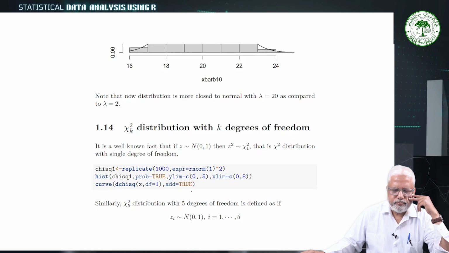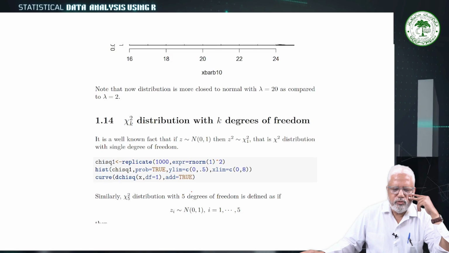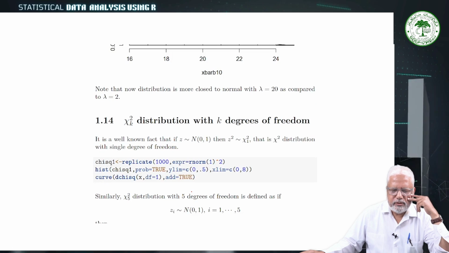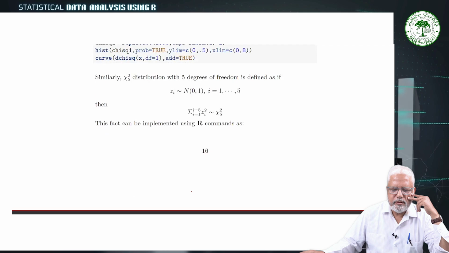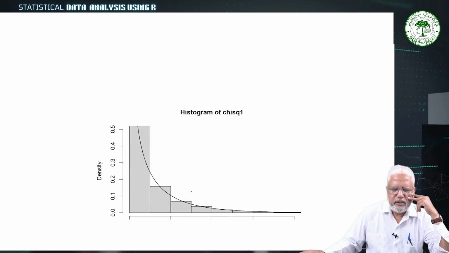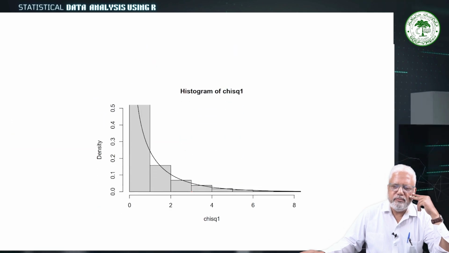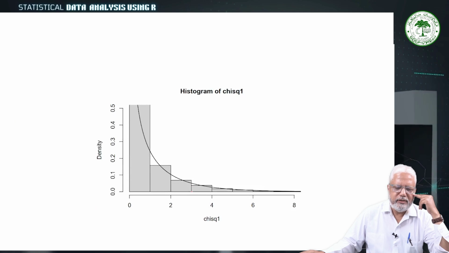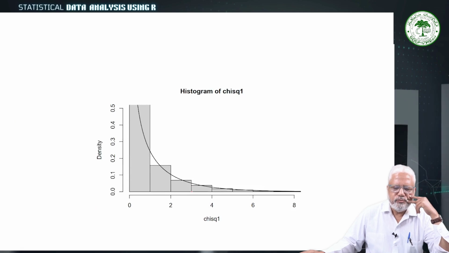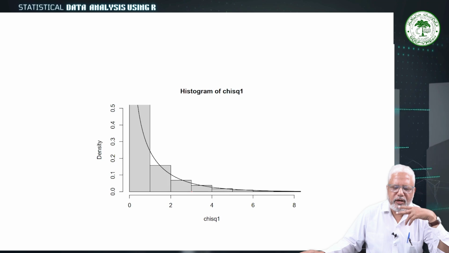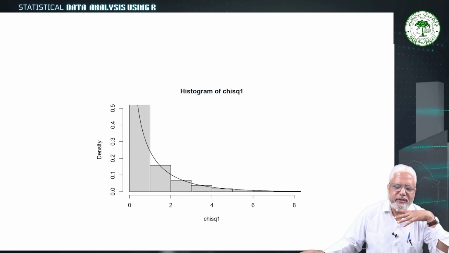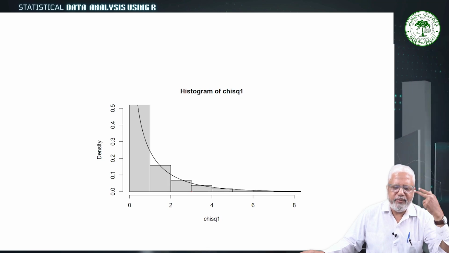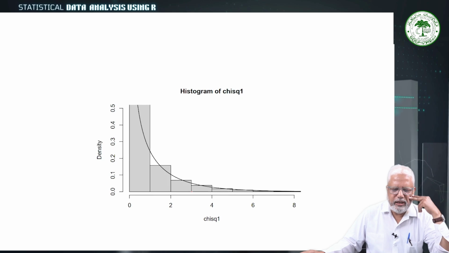Now if we look at the graphics, this is the histogram based on simulated data, and this chi-square distribution with single degree of freedom is the exact curve. Both are in good agreement.